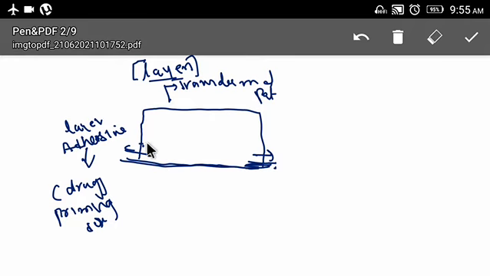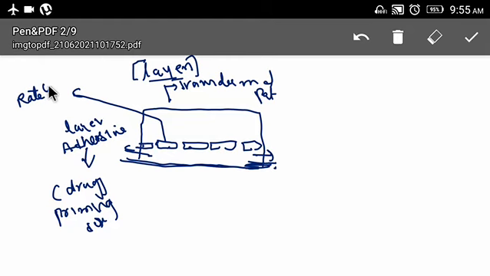The next layer is the micropore layer. We have pores like this in the next layer, and this layer is called the rate controlling micropore membrane.